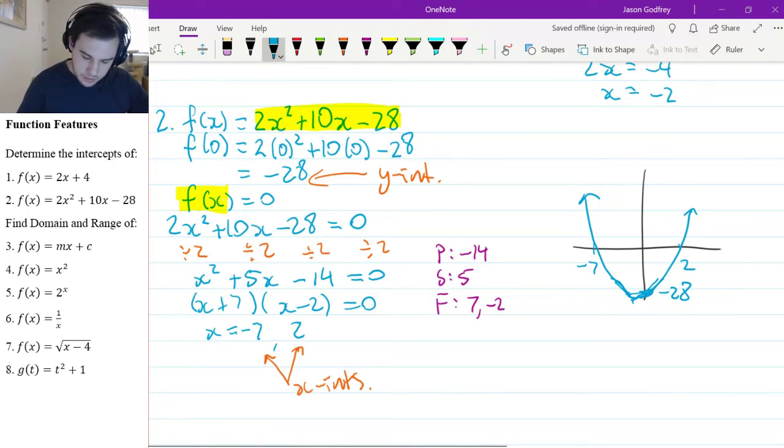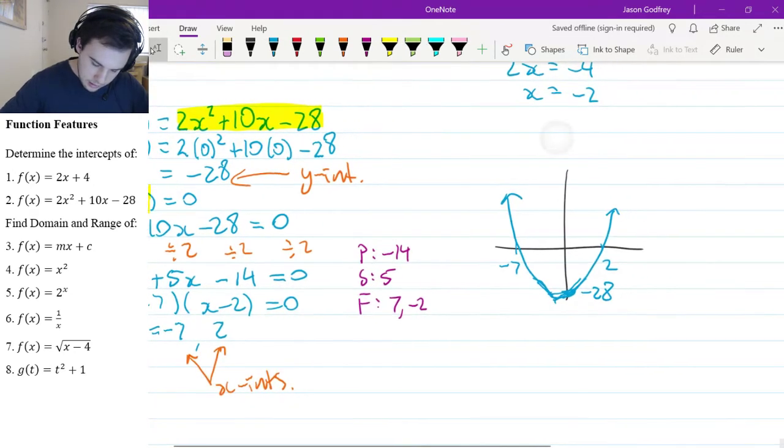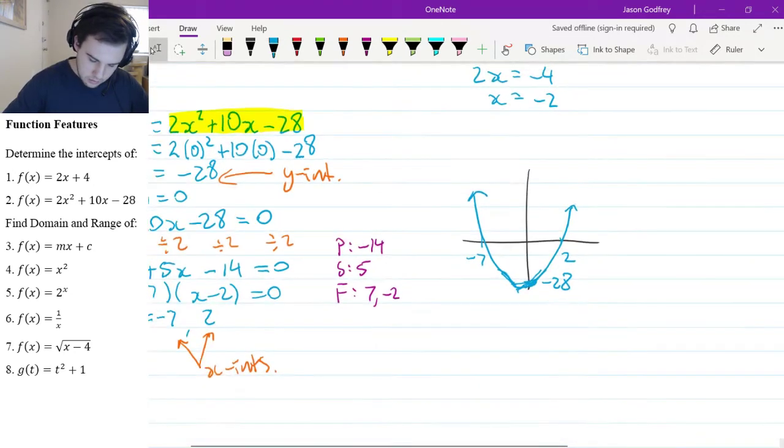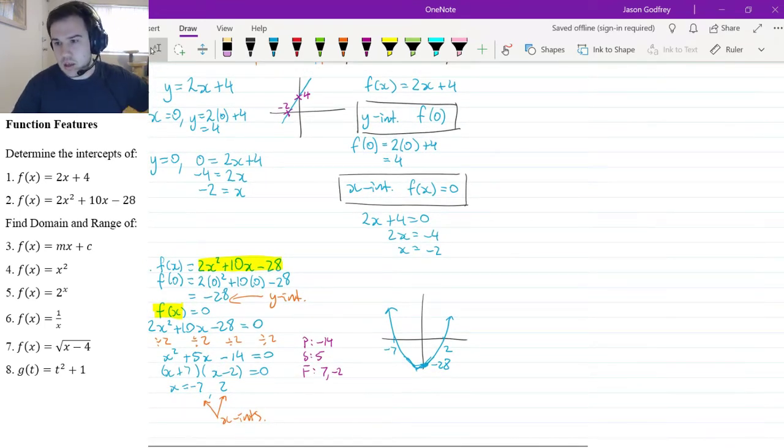Okay, so far in these two examples, we've looked at a linear function, a straight line, and a quadratic function, a parabola. With functions, these two functions have something quite distinct about them in terms of the values you can input and the values you can get out of the function.